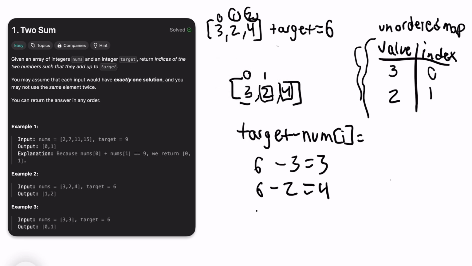4: 6 minus 4 equals 2. So is 2 in this map? Yes, it is.